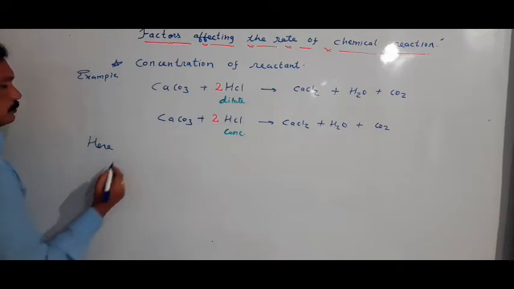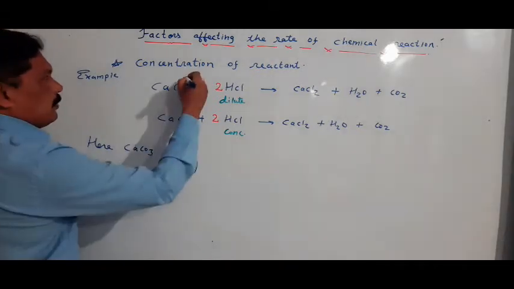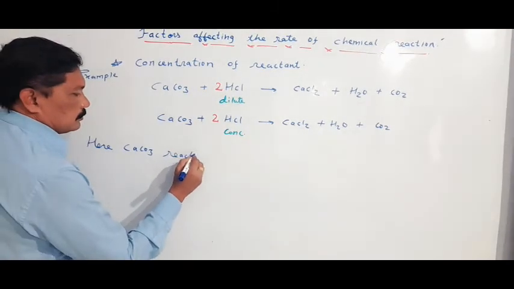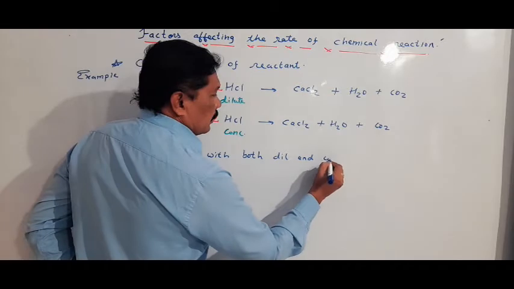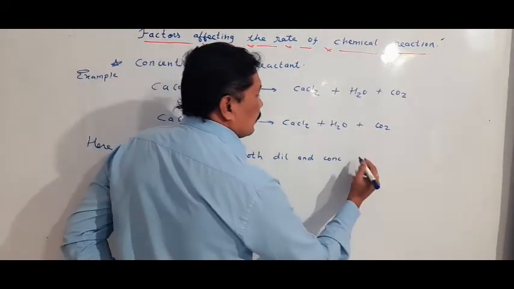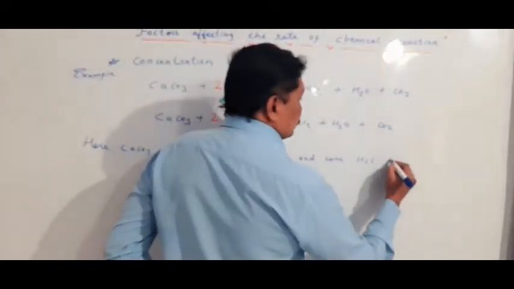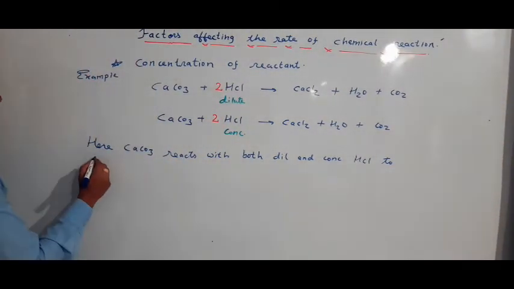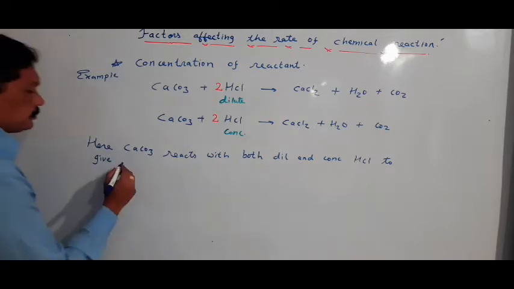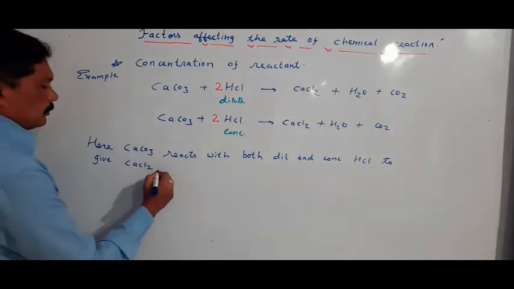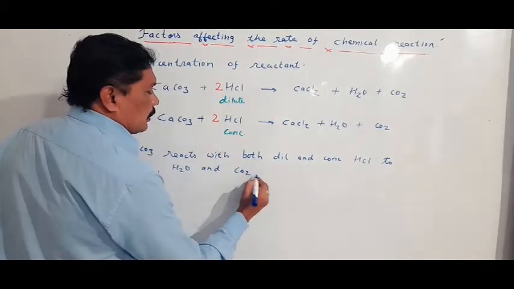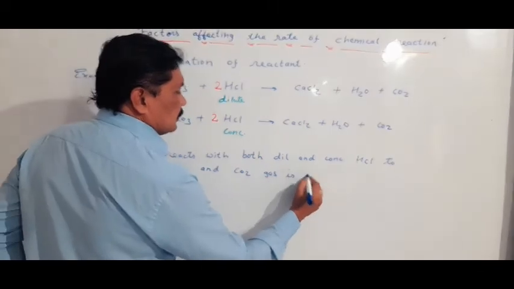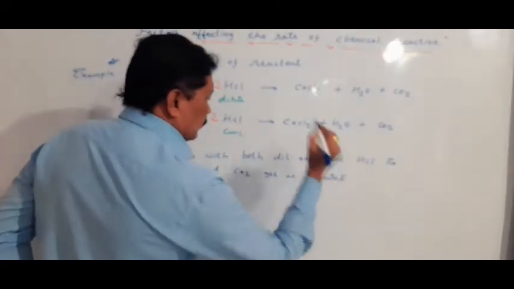Here calcium carbonate reacts with both dilute and concentrated HCl to give calcium chloride, water and carbon dioxide gas is liberated.